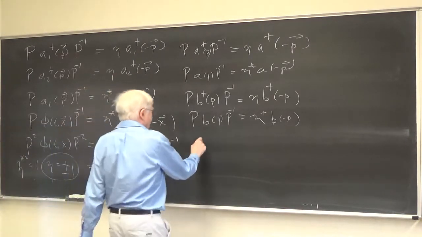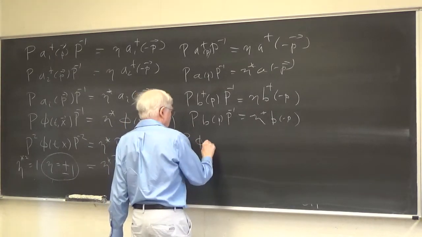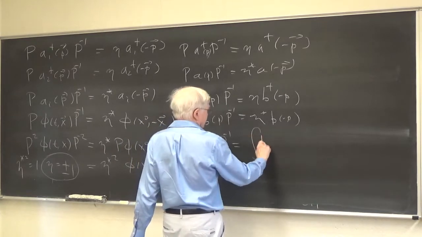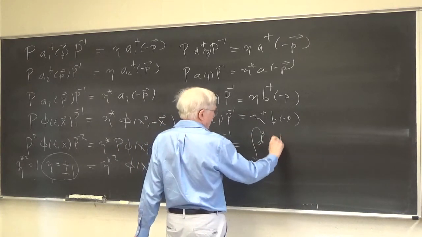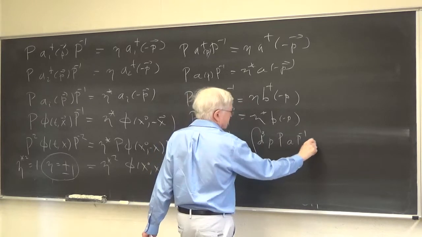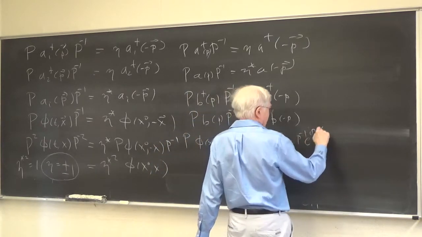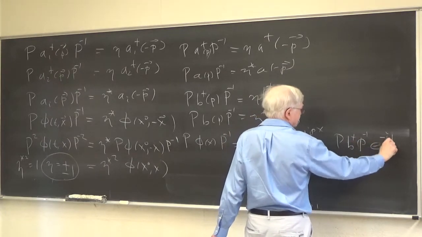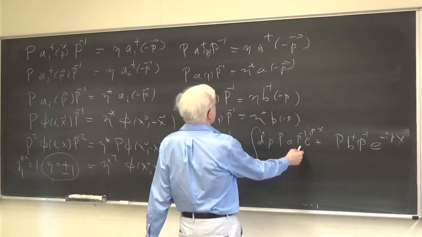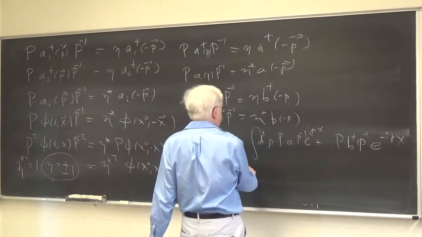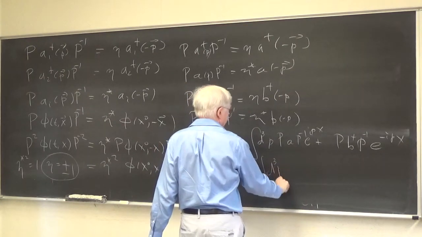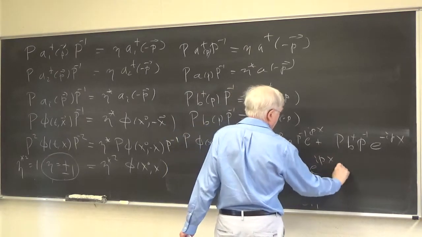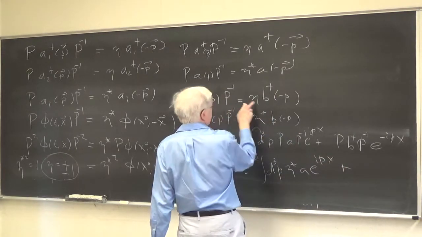That then means that the field is going to be an integral d^3p of P A P inverse e^{ipx} plus P B dagger P inverse e^{-ipx}. So this one, the A goes into eta star. And now the B dagger goes into eta.